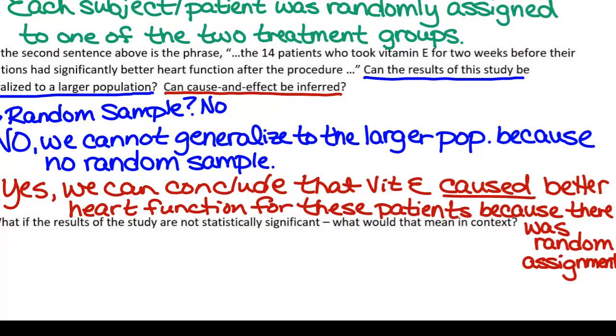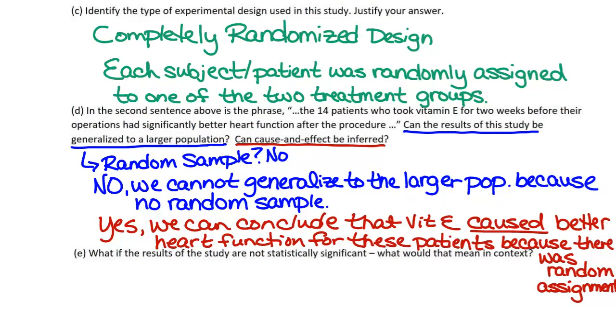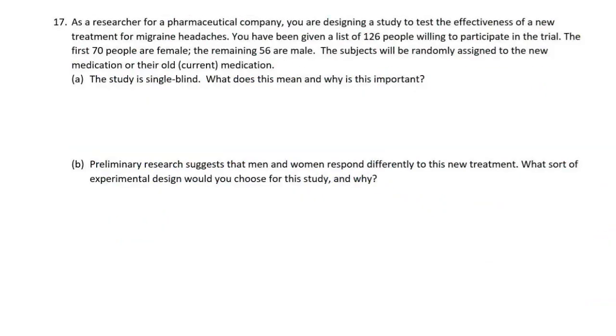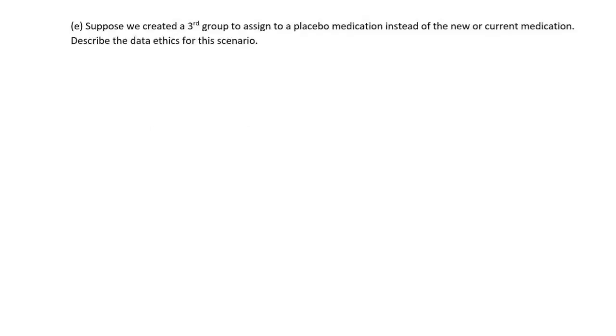All right, what else would you guys like to see? Yes. For 17E, do you have the page number that we did on the ethics stuff? Do I know the page number for the ethics stuff? Let me see if I can find it real quick.